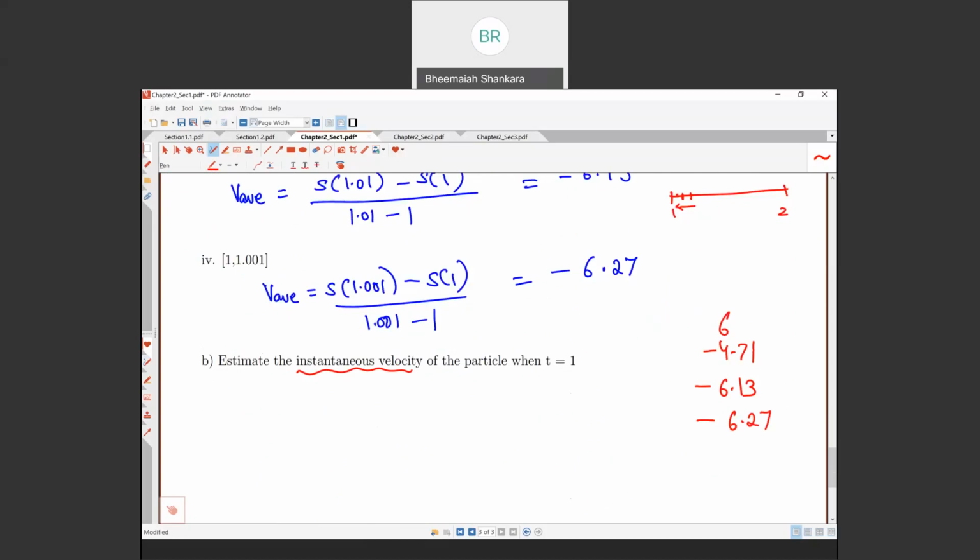So now you want to write the instantaneous velocity when t equal to 1 appears to be about negative 6.3 centimeter per second. So we'll end this section here.